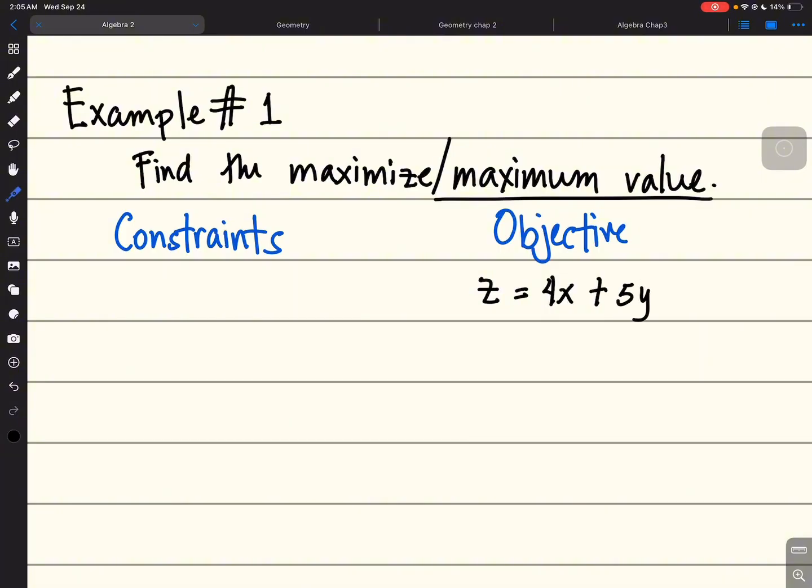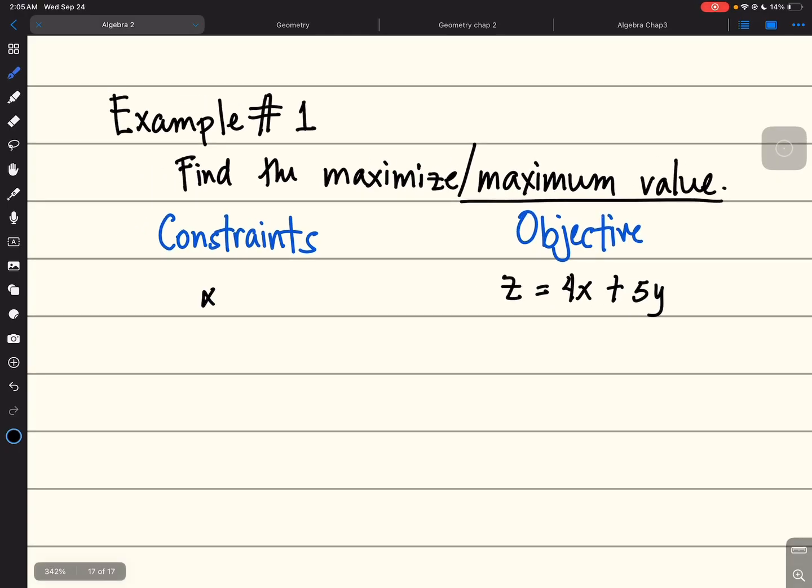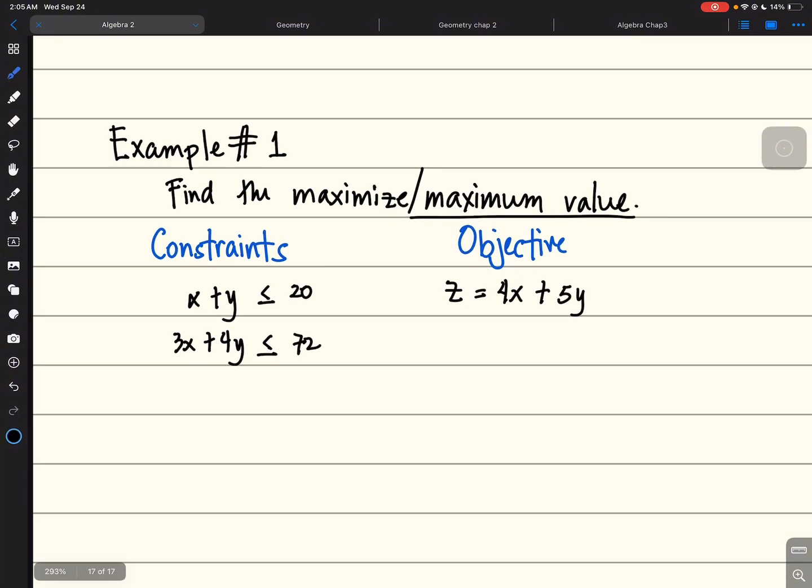And for the constraints, or set of inequality functions, let's say that is x plus y less than or equal to 20 and 3x plus 4y less than or equal to 72.